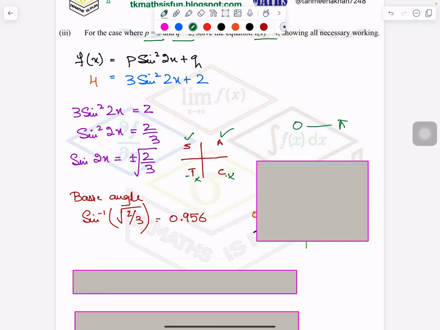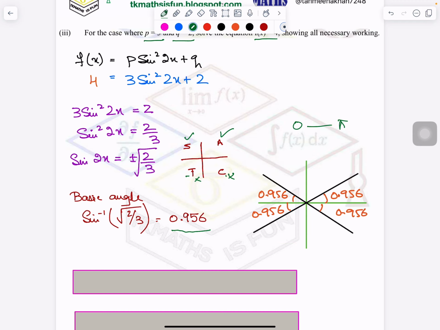So now first of all I will find the basic angle. Now the basic angle is 0.956 and please remember you have to keep the mode radian, not degree, make sure. Now it means in the first, second, third and fourth quadrants, which is ASTC, you will draw the basic angle. Now what will be your answers with respect to all these basic angles?